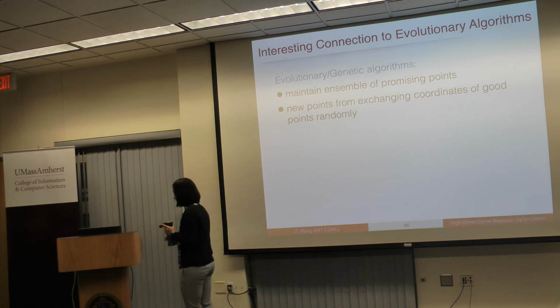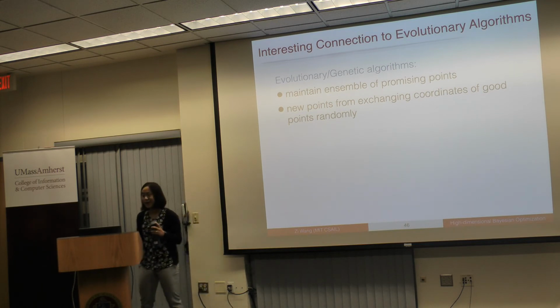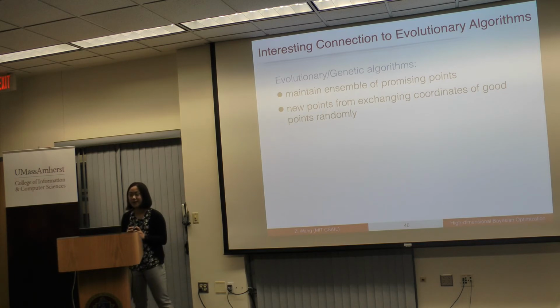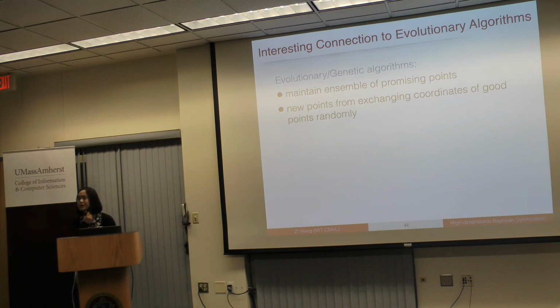All right. Let me tell you about one interesting thing we found for using this kind of additive decomposition structure. We found some interesting connections of this approach to the evolutionary algorithm approach. Evolutionary algorithms are a kind of population-based optimization heuristic that has a very long history in AI, and they use mechanisms inspired by biological evolution.